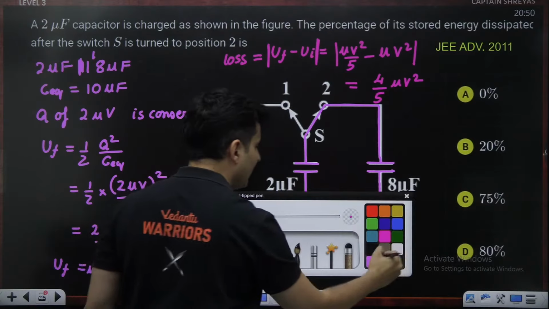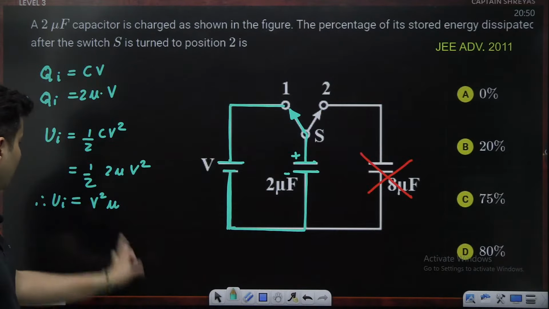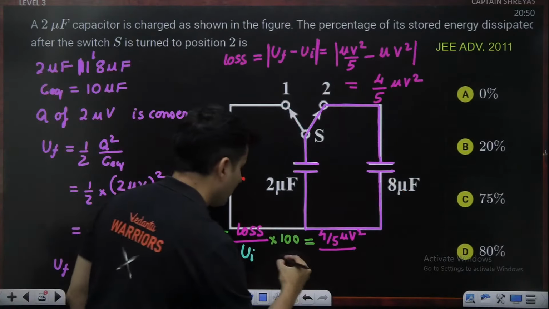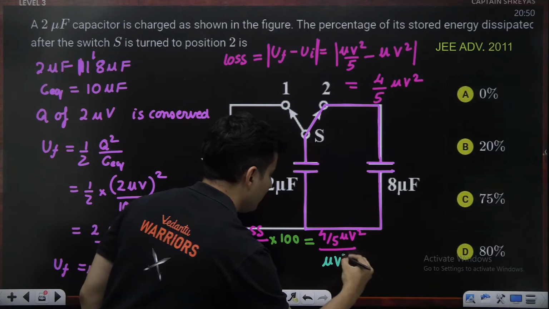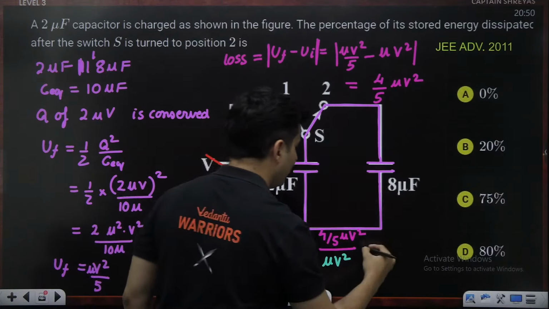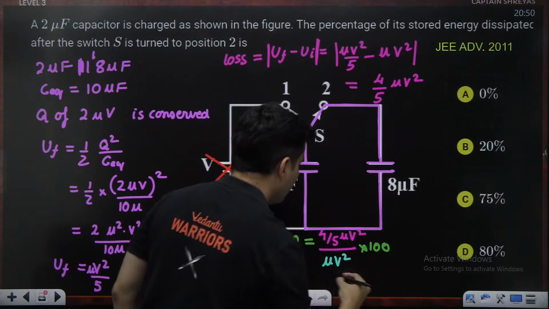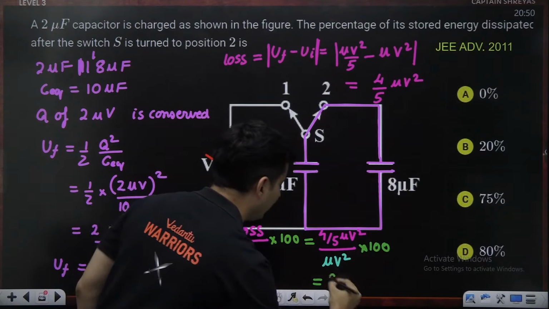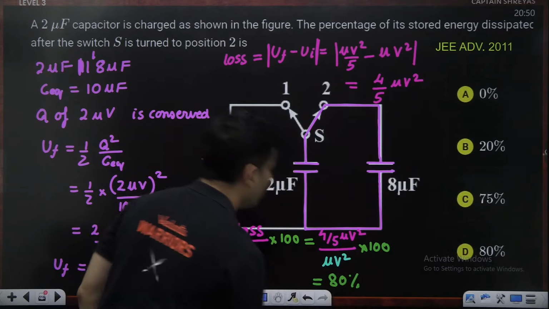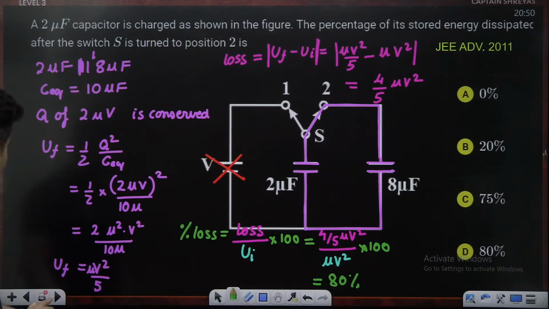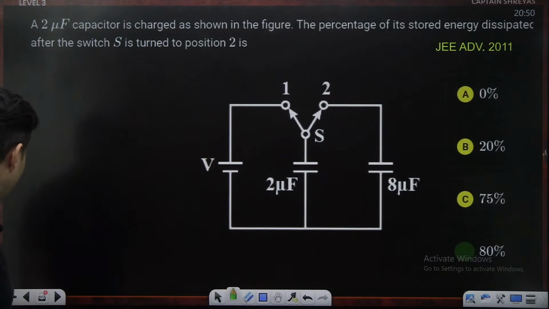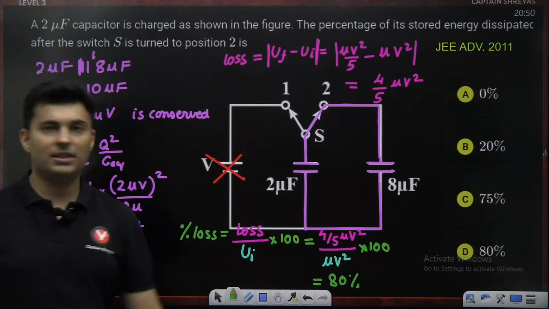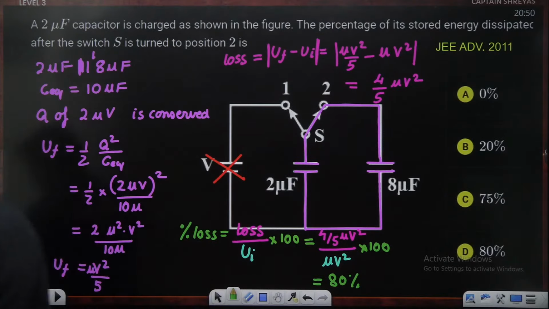How much was there initially? Initially, it was nothing but micro V square. And then you multiply it by 100. Micro V square cancels. 4/5 of 100 is basically 80%. So the answer is 80%, which is D. Yes, that is the correct one. Perfect. What a brilliant question.